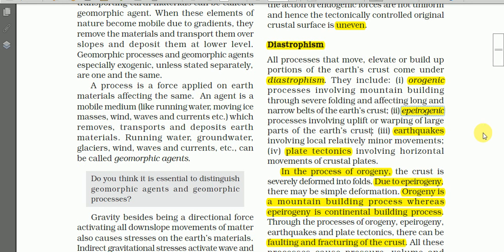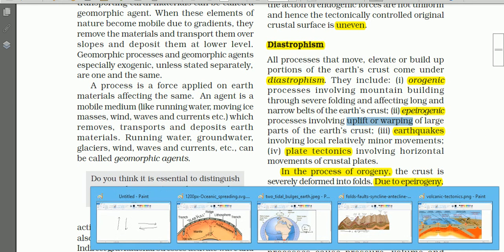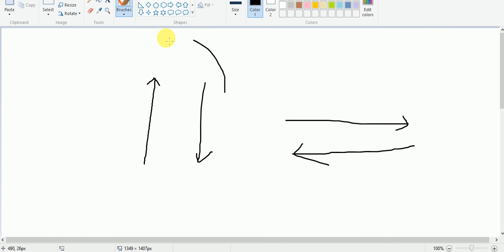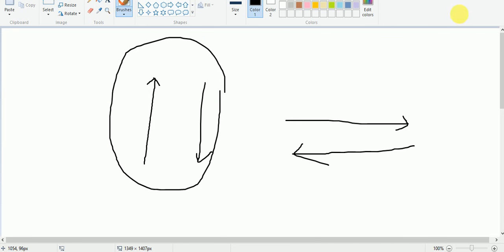Epirogenic movement means continent building movements, involving uplift and warping of a large part of the crust. Do not forget this one. So this is epirogenic.